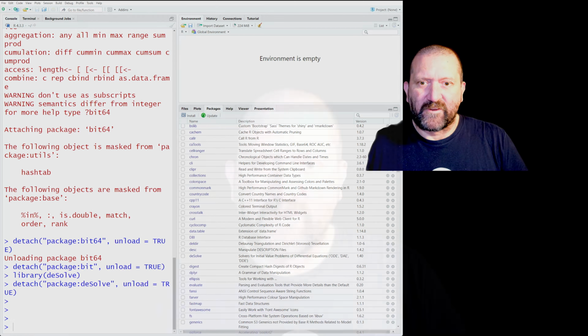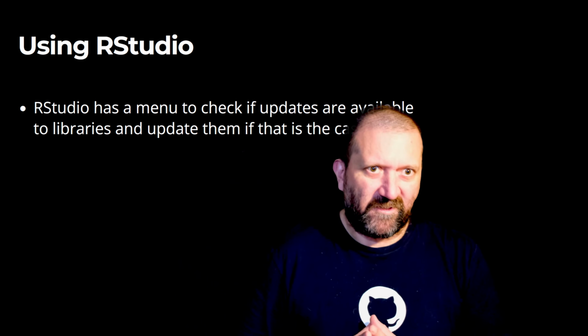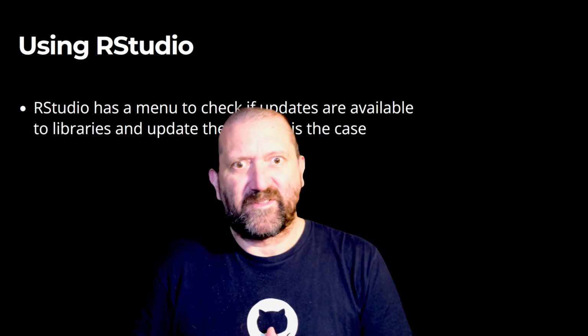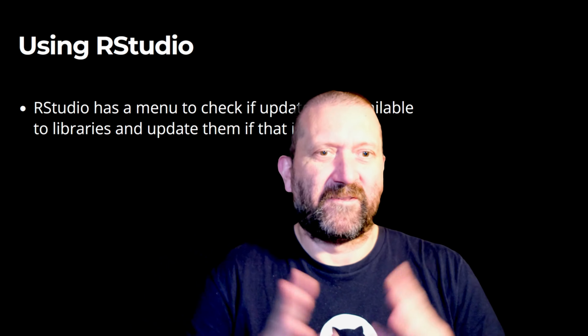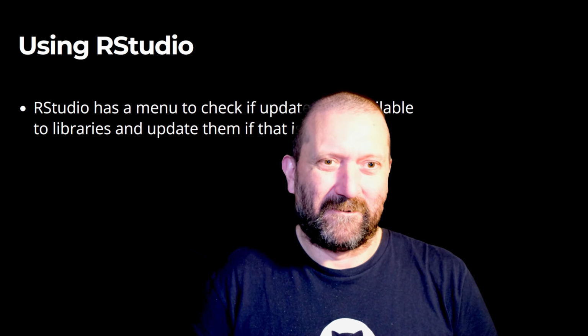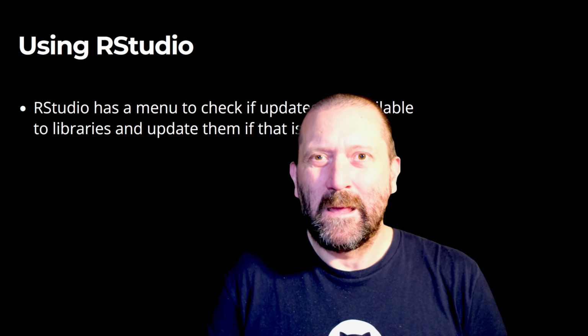I probably should say one thing about package versions. Sometimes it's dangerous to update a package version, and this is something I haven't made a vignette about, but maybe I will.